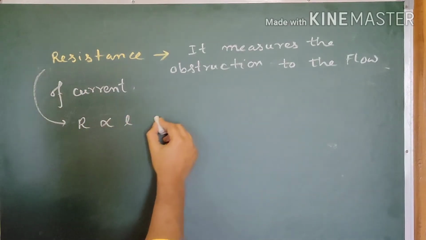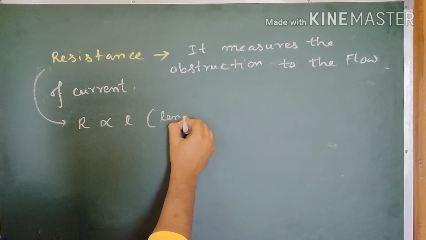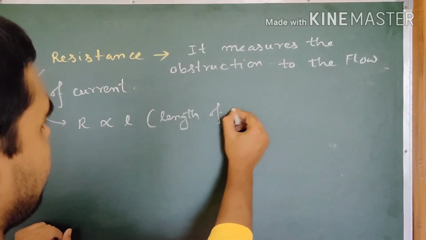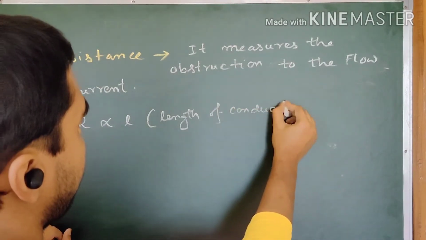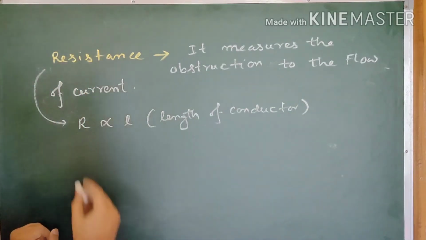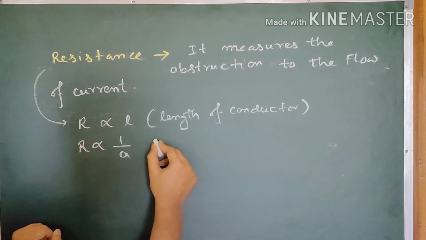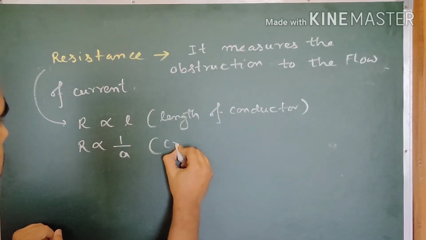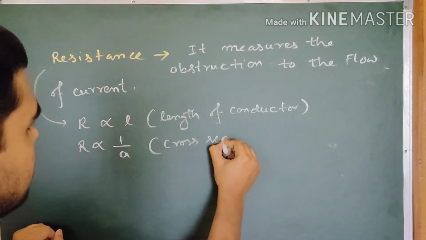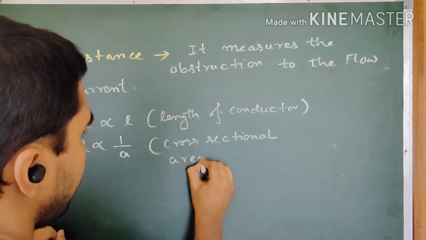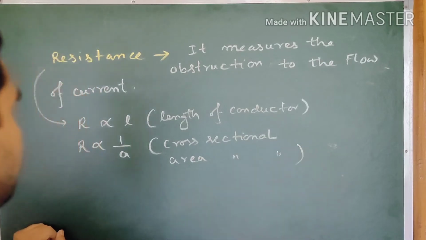As a matter of fact, it is observed that the resistance, which has been expressed by R, is proportional to L, obviously L is the length of the conductor, and it is inversely proportional to A, which is obviously the cross-sectional area of the conductor.